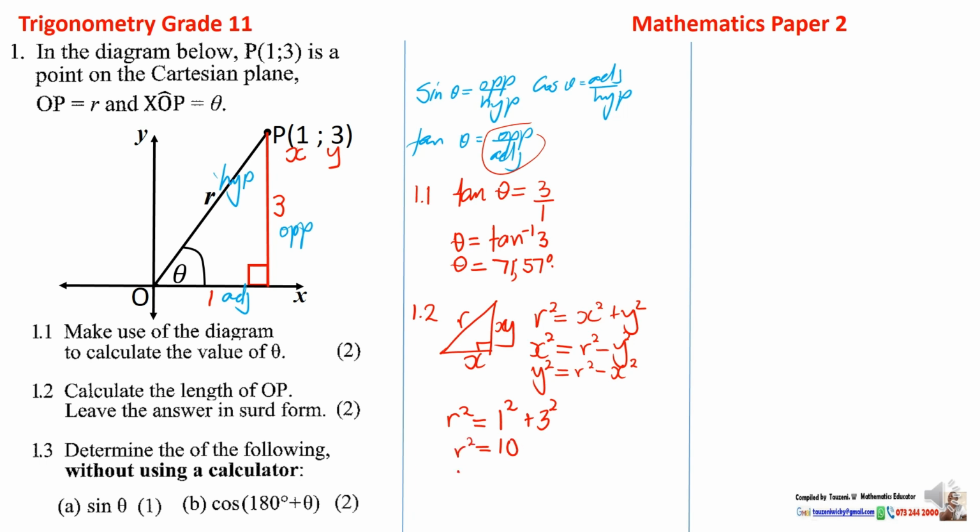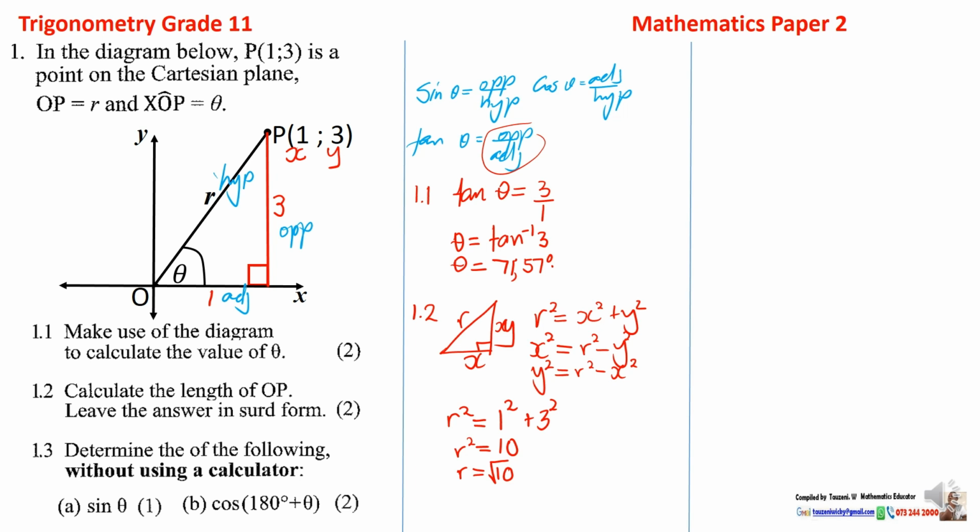Then we can square root both sides. It will give us r is equal to the square root of 10. When you are taking the square root of a number in maths, it's always a plus or minus. In this case, we take the positive one because r is the length of a line. The length of a line cannot be negative.